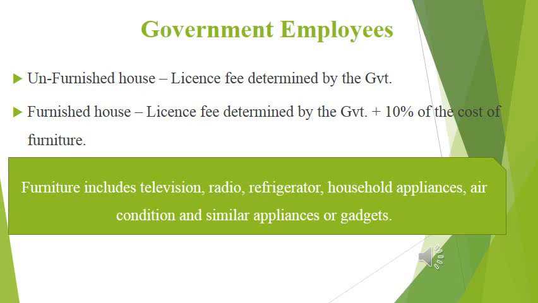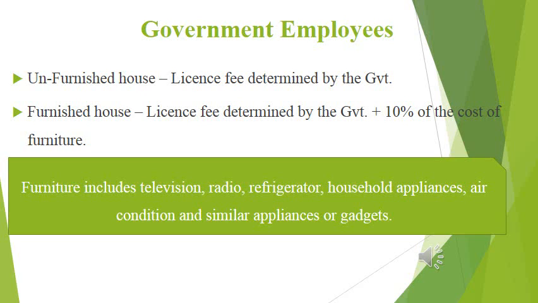The license fee determined by the government is the perquisite value. Whatever amount is determined by the government based on the geographical area, that is the perquisite value. If the house is provided as an unfurnished house, nothing more to calculate. The license fee determined by the government is the perquisite value.